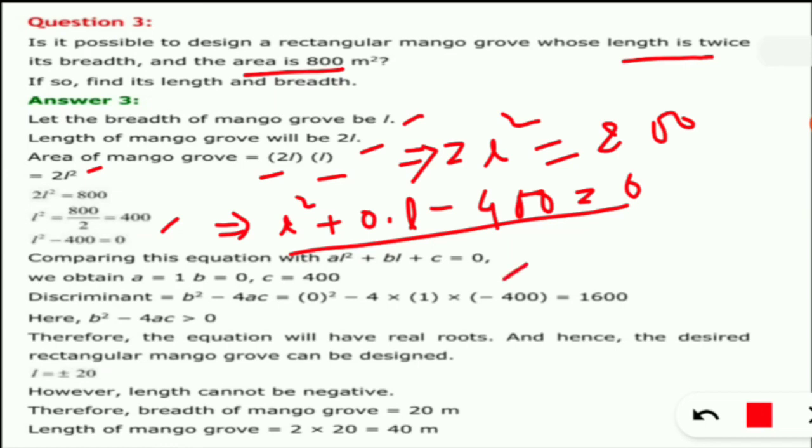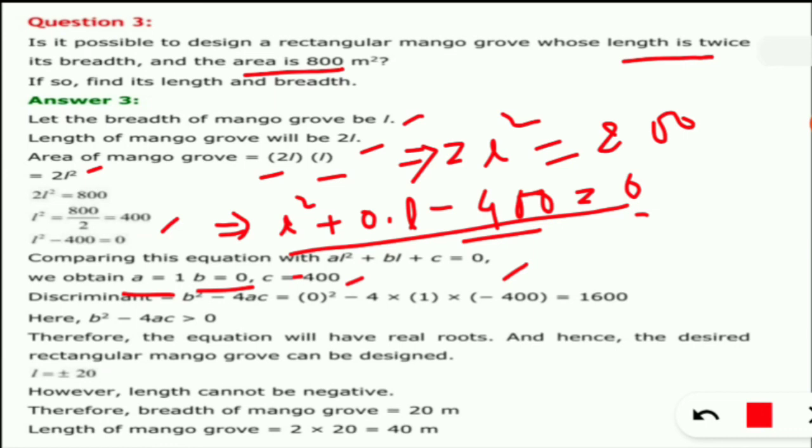Okay, the variable is L. So a equals 1, b equals 0, and c equals minus 400. Clear, not plus 400, because it is L square minus 400 equals 0. So c equals minus 400.